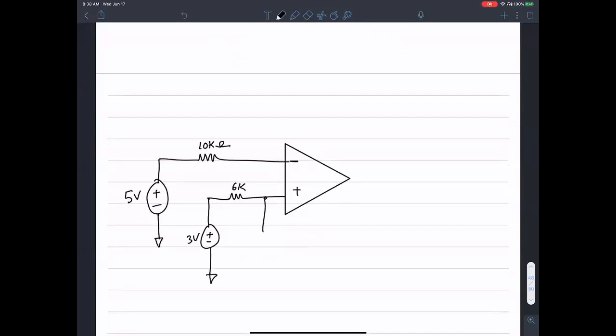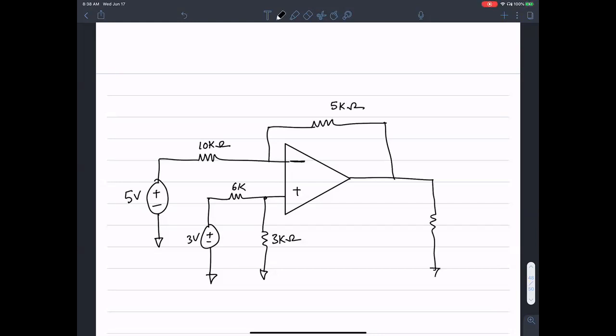And that's being fed through 3 kilo ohms. There's a feedback resistance of 5 kilo ohms, and a load resistance of 4 kilo ohms. This is V naught.